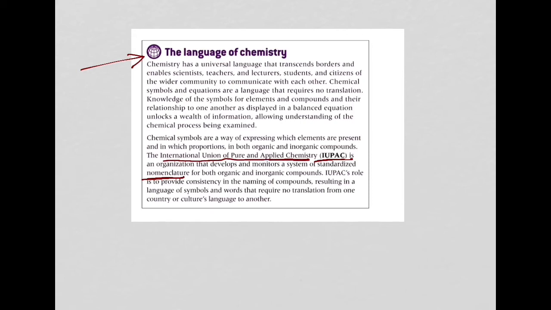So what it does, it ensures that there is consistency when we're naming compounds or when we're using symbols and words, so that you don't need to have any translation from one country to the other. So it ensures that there is consistency in whatever language we're using in chemistry.